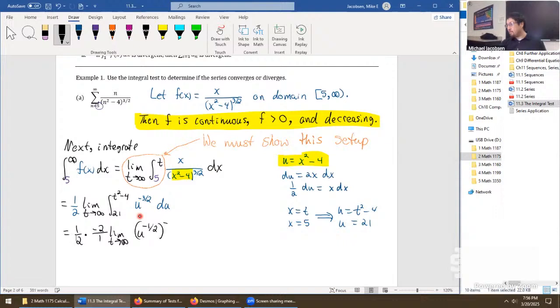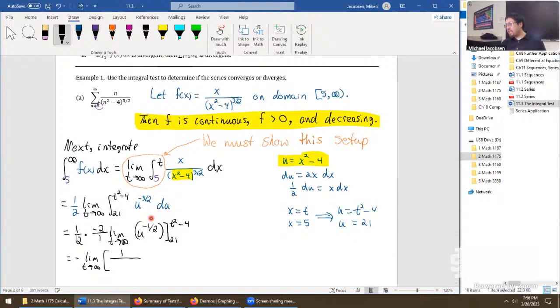So this evaluation is the fundamental theorem of calculus, because at the moment, t squared is a real number, it's larger than 21, but then we're going to take the limit. So this becomes negative of a limit as t goes to infinity of, we're plugging t squared minus 4 into that thing.